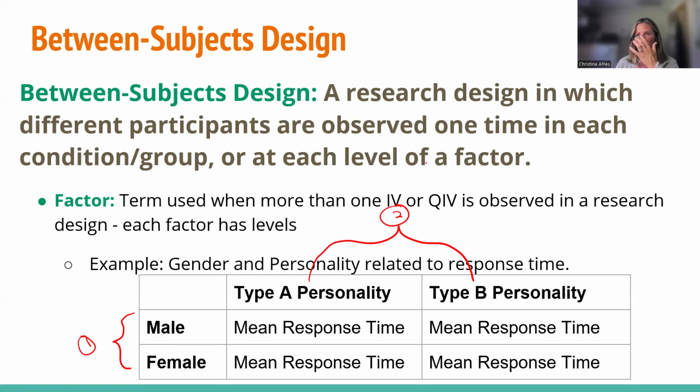Those are used interchangeably when we're talking about between subjects designs. With an independent t-test, you only have one factor, one independent variable or quasi-independent variable. You don't have two. Two goes beyond the scope of this class. So lucky for you, you don't have to learn how to calculate anything with more than one factor.